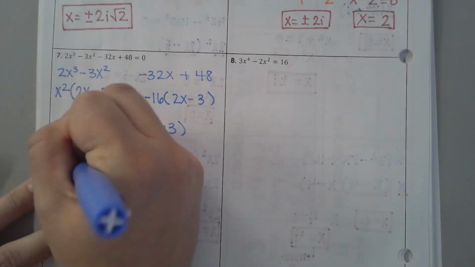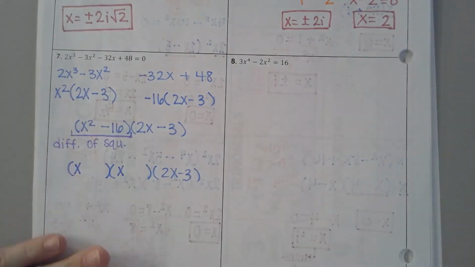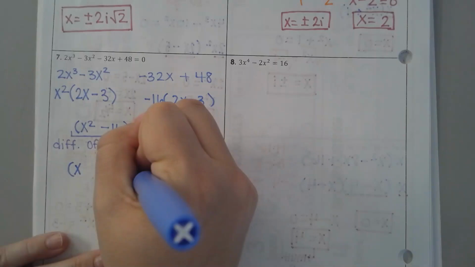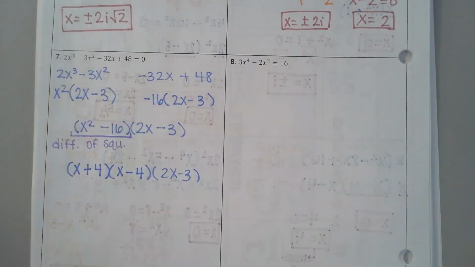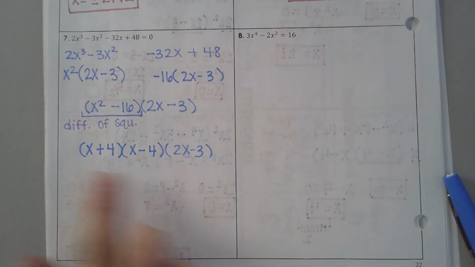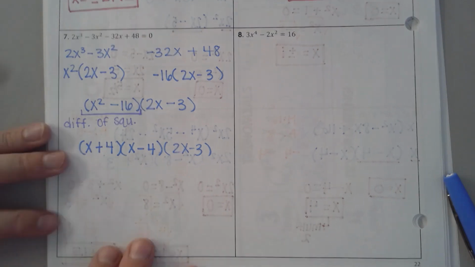X. Square root of 16? 4. So we have x plus 4, x minus 4. And that's all of our factors. Nothing else can be factored down. So set them equal to 0.